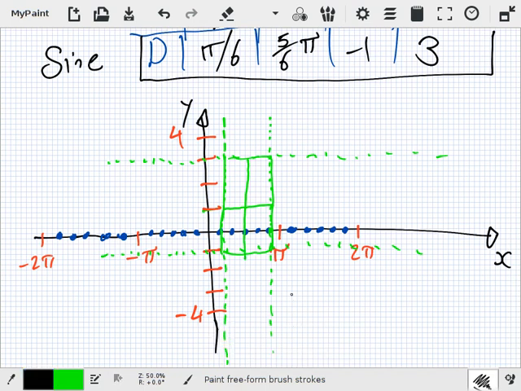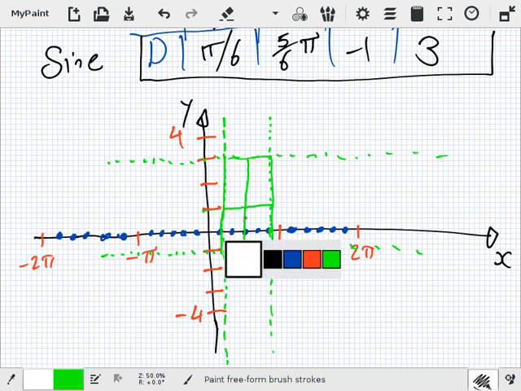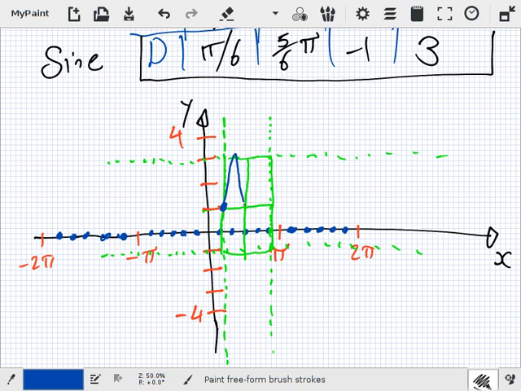Now, if I think back to my sine graph, when I drew it, did I start at the top, the middle, or the bottom? The middle, didn't I? I started in the middle, and I went up and down. I do the same thing in this box. I start in the middle, I go up, down, and then down, up.